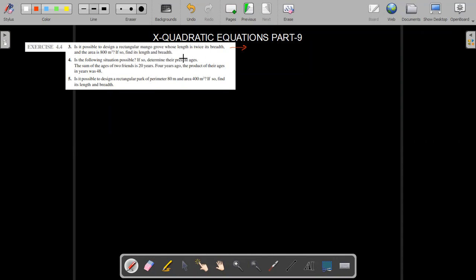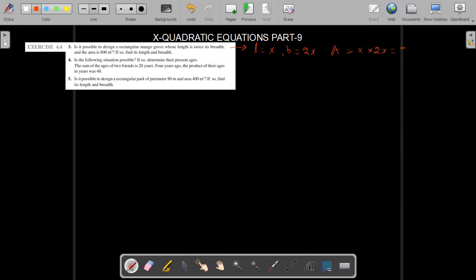Otherwise, it is not possible. So length is twice its breadth. If we take breadth as x, then the length will be 2x, and area is equal to length into breadth, x into 2x.